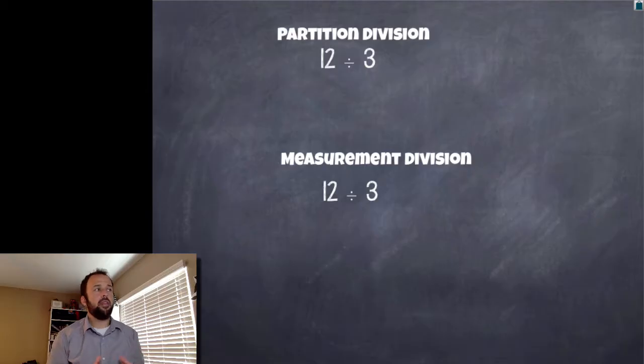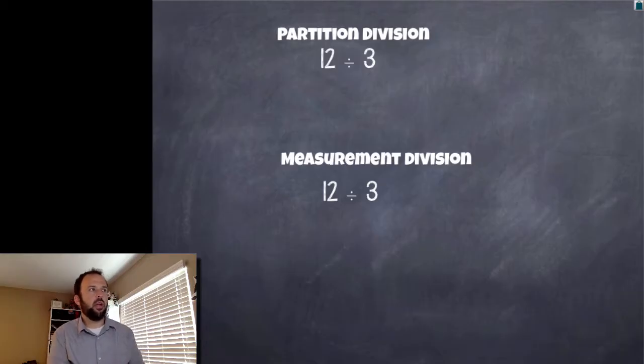Either method is correct and can get you to the right answer, but you have to interpret your answers differently based on what you do. So I want to review those one more time. And then today, we're going to focus on measurement division and how it can help us in making those arrays and area models to represent our division problem.